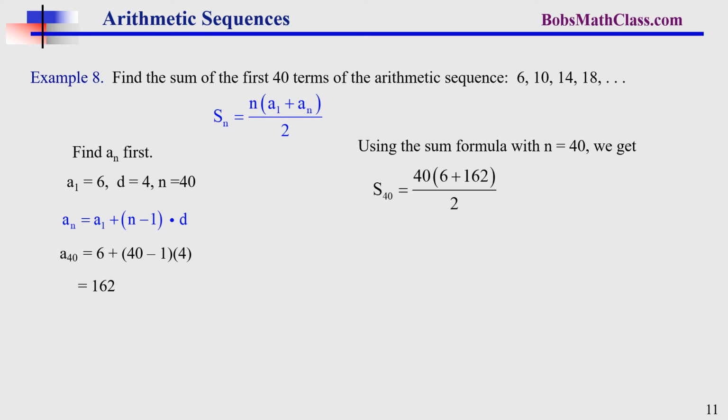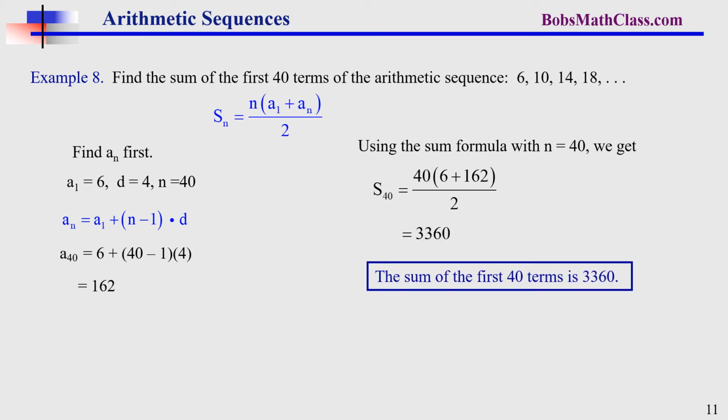And then it's always a 2 on the bottom. So type that into your handy dandy calculator and you should get 3360. So instead of adding all 40 terms, 6 plus 10 plus 14 plus 18 plus 22 plus 26, we use the formula and get 3360.